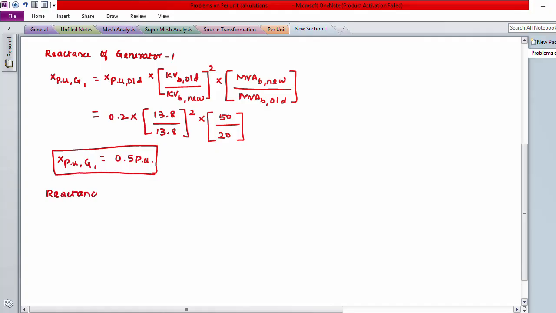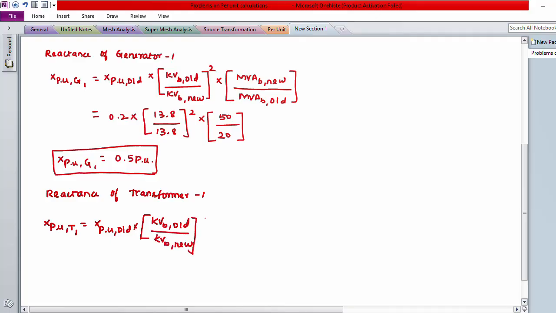Reactance of transformer 1. Now the formula for the transformer is X per unit T1 equal to X per unit old into kVB old divided by kVB new, the whole square, into MVAB new divided by MVAB old.